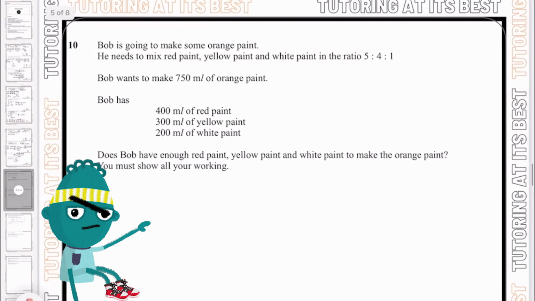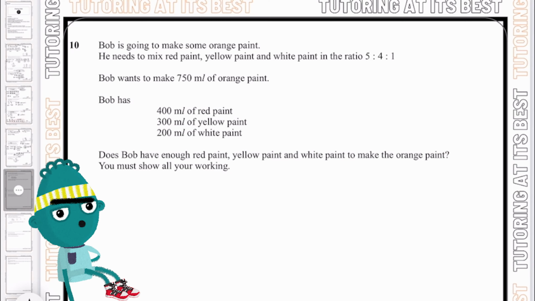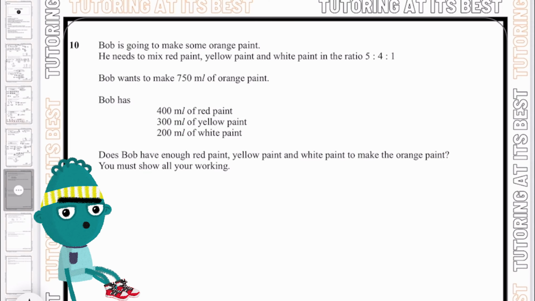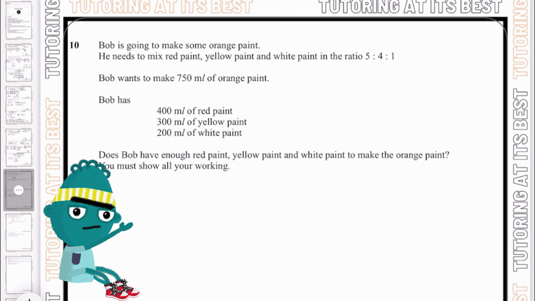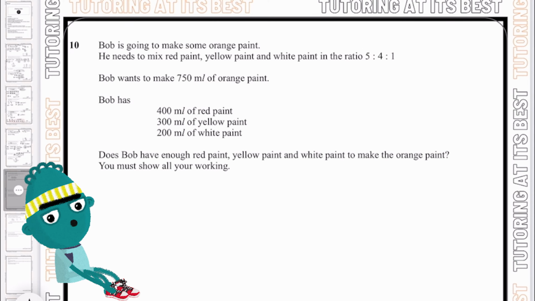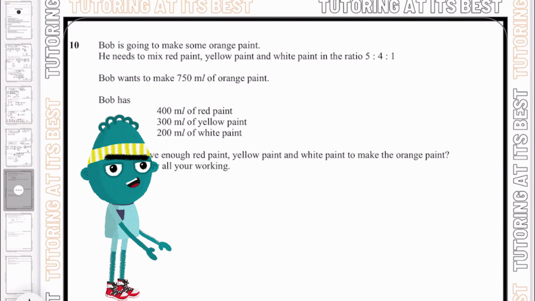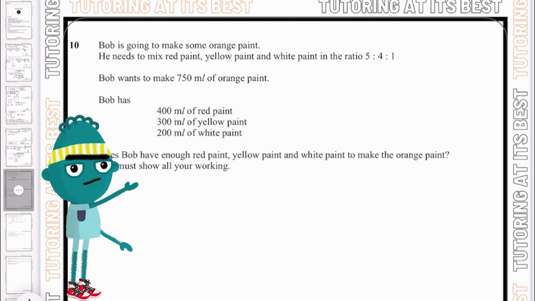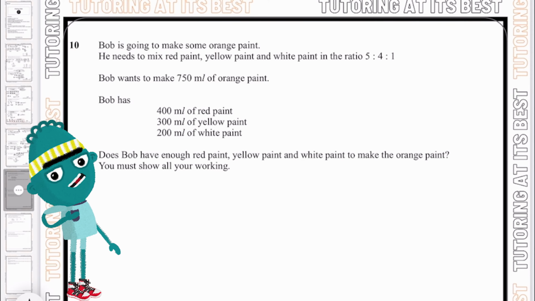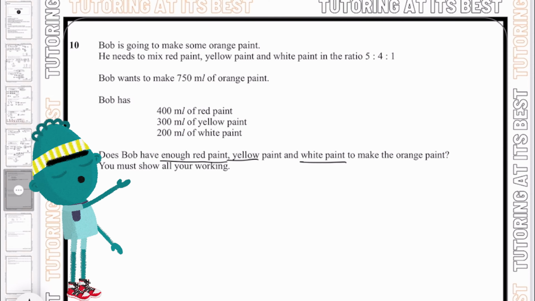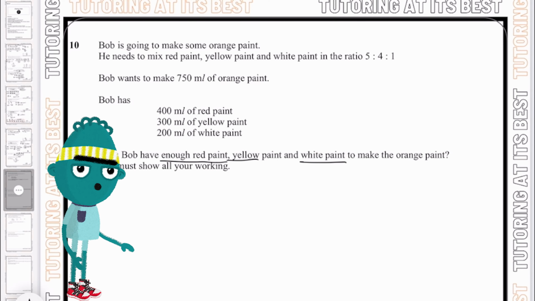Okay, question number 10. So Bob is going to make some orange paint, and he needs to mix the red paint, the yellow paint, and white paint in the ratio of 5 to 4 to 1. And Bob wants to make 750 milliliters of orange paint. And we've been given some information here. So overall, we need to find out if Bob has enough red paint, yellow paint, and white paint to make the orange paint.